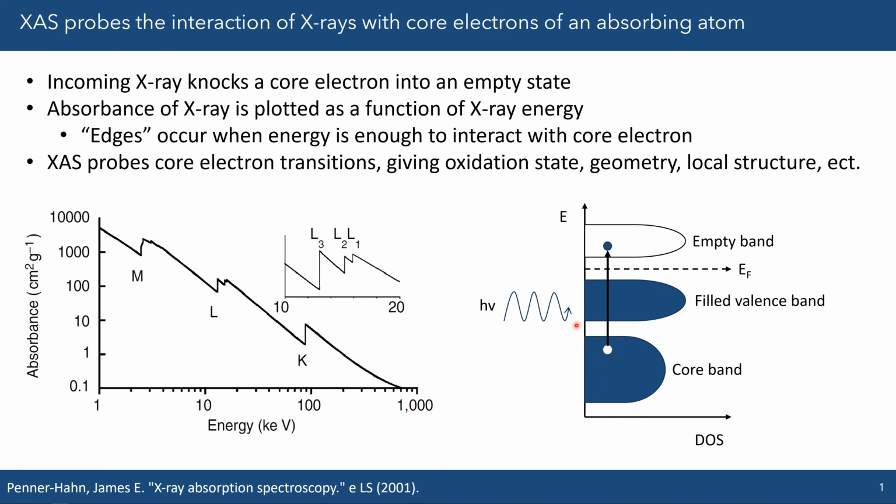We can also have different core electrons, right? You can have 2p or 2s core electrons being excited. So L refers to if the core electron has a principal quantum number of 2, so 2p, 2s. And M is if your principal quantum number is 3, so 3d, 3p, 3s. It's basically which kind of core electron is being excited. That's what the KLM describes.